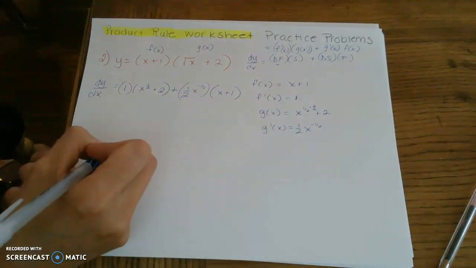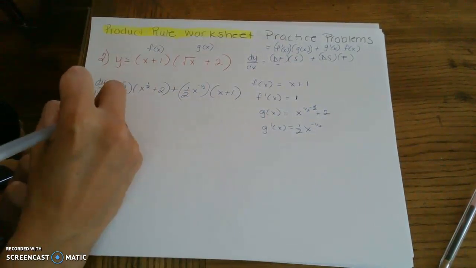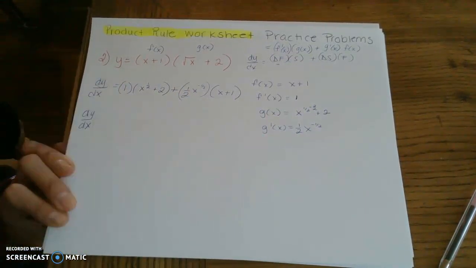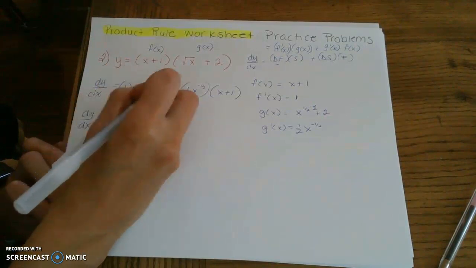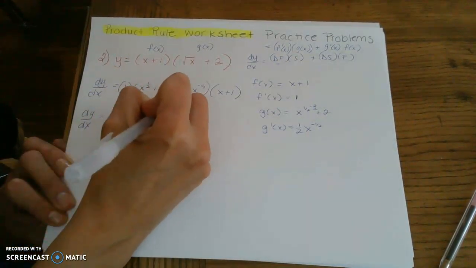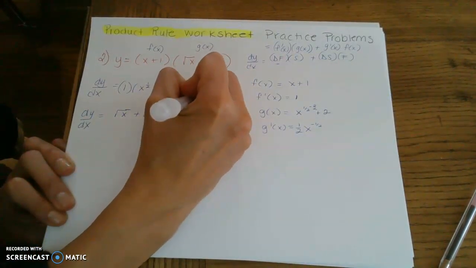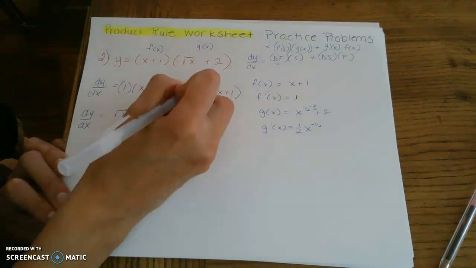Okay, so our foundation's laid down, but let's just put it in the correct form. We didn't start with fractional exponents or negative exponents, so let's get them out of that form. So this just becomes 1 times the square root of x plus 2 plus, now this goes into the denominator because it has a negative exponent.